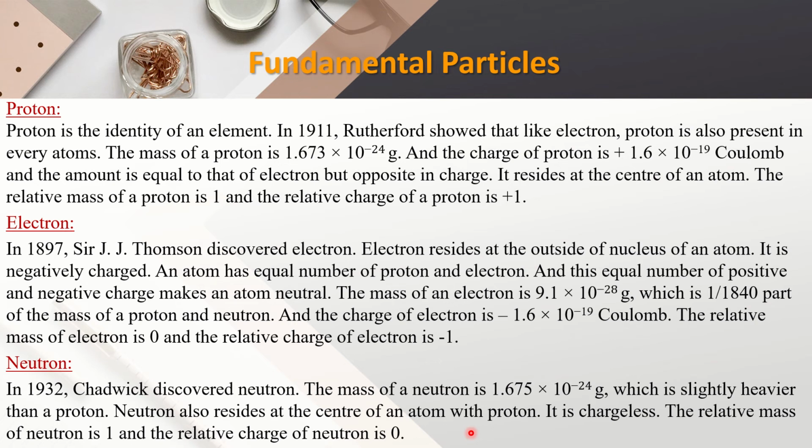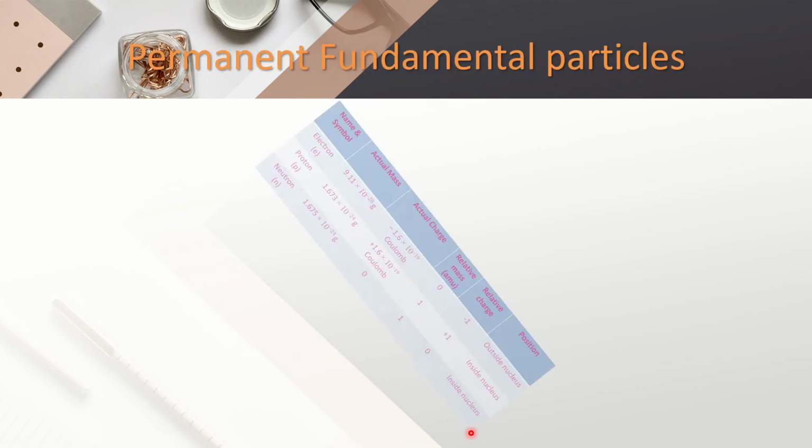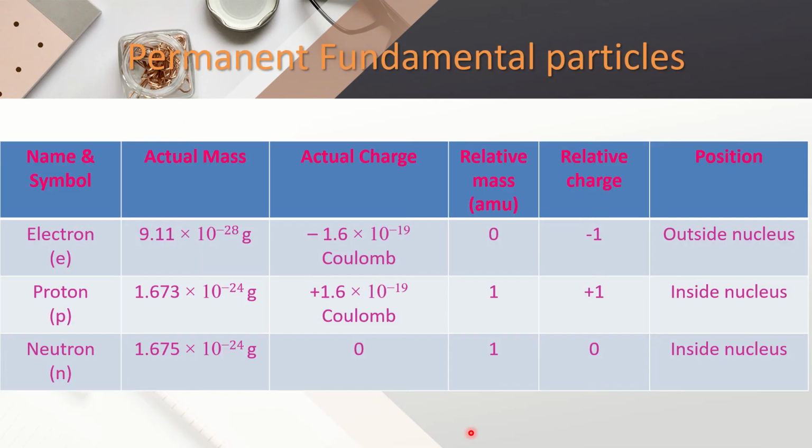So, the relative mass of a neutron is same as proton, that is 1, and the relative charge of neutron is 0 because it is chargeless. There is a chart of actual mass, actual charge, relative mass, relative charge of electron, proton and neutron. You will memorize these values.